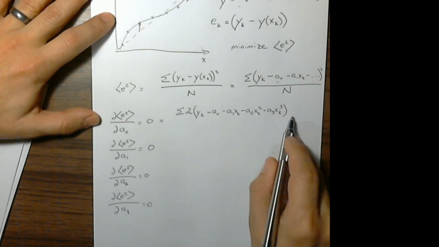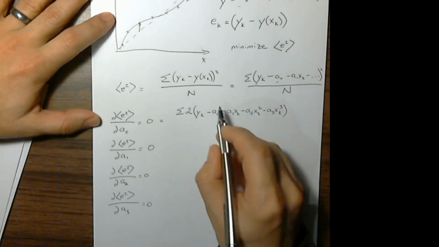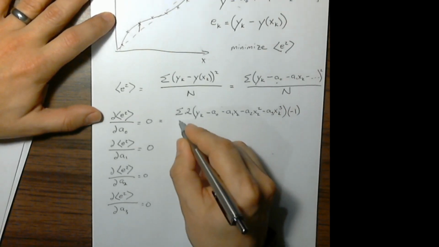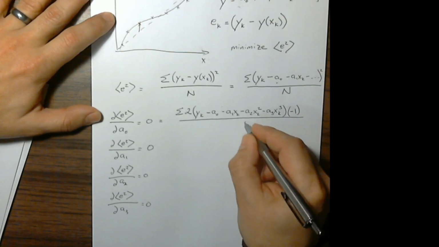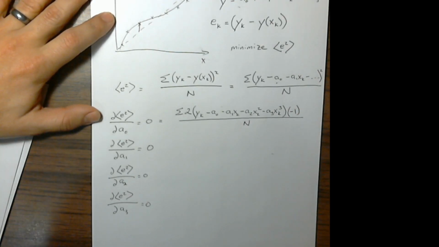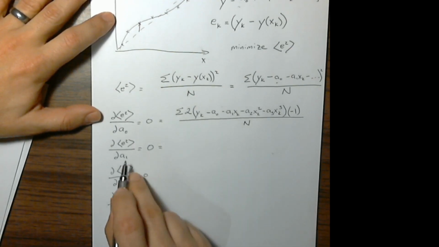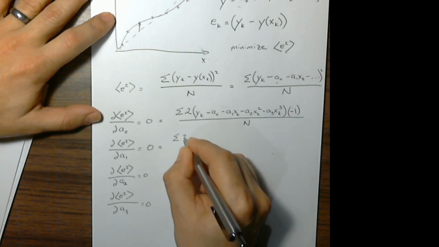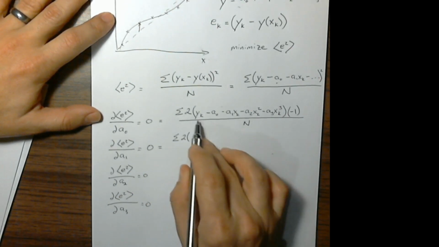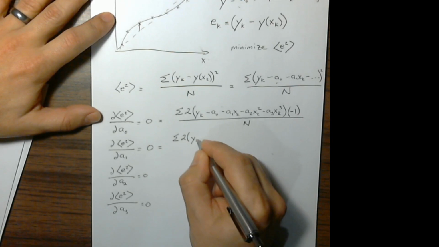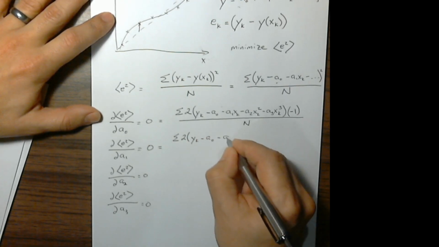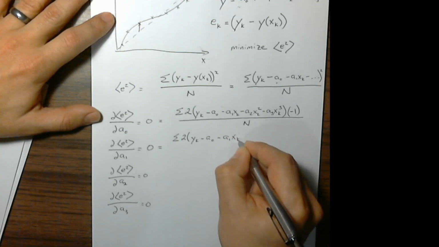Then I multiply by the inside derivative, which for A0 is just -1. Okay, not so bad. I'm going to do the same thing for A1. It's really going to be identical here. The inside doesn't change. There's a pattern we're going to benefit from, so we don't have to do as much work here.